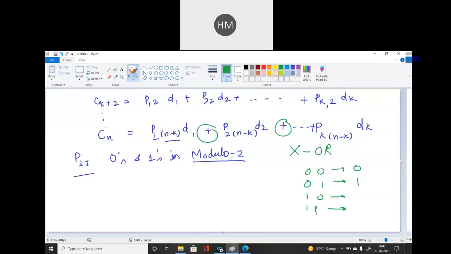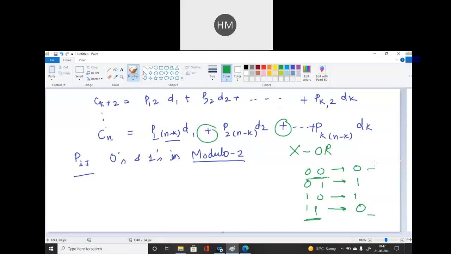Very good. 1 0 is 1. And 1 1 is? Many students gave wrong answer. Few students gave right answer. That is 0. XOR में क्या होता है? Whenever we are having the same bit, the output is always 0.